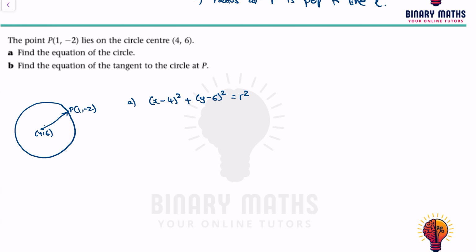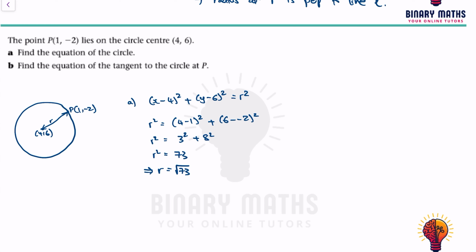In order to find r, I can use the distance between 2 points formula. So r squared will be equal to (4 minus 1) squared plus (6 minus minus 2) squared, which gives me 3 squared plus 8 squared, which is equal to 9 plus 64, which is equal to 73, which implies r is equal to square root of 73.